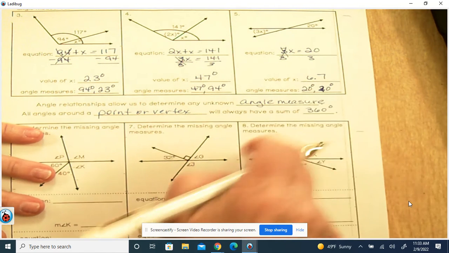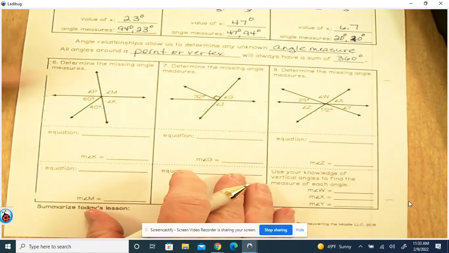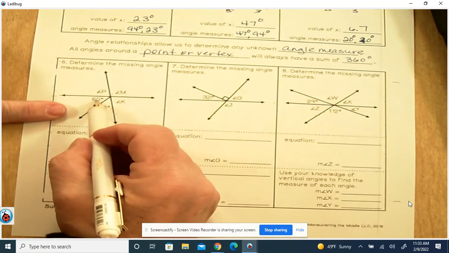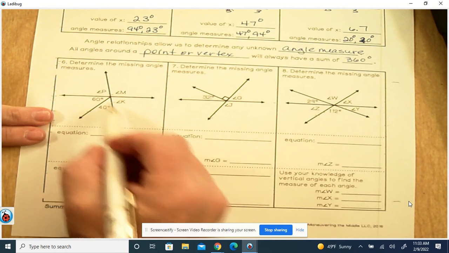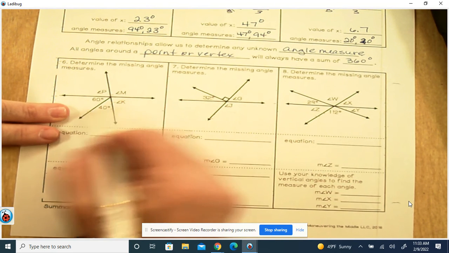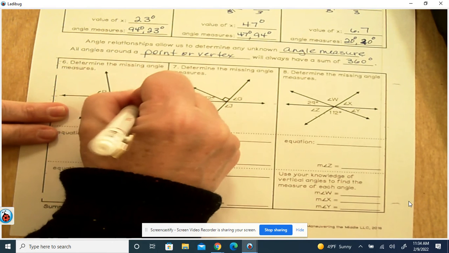That means all the way around this right here would be 360. Determine the missing angle measures. Okay, so if this is 60 and this is 40, and that's 100, we know that this straight one has got to be 80 because they equal 180.